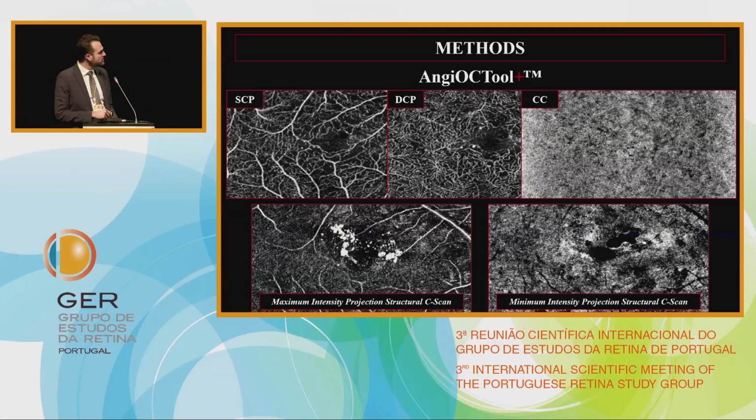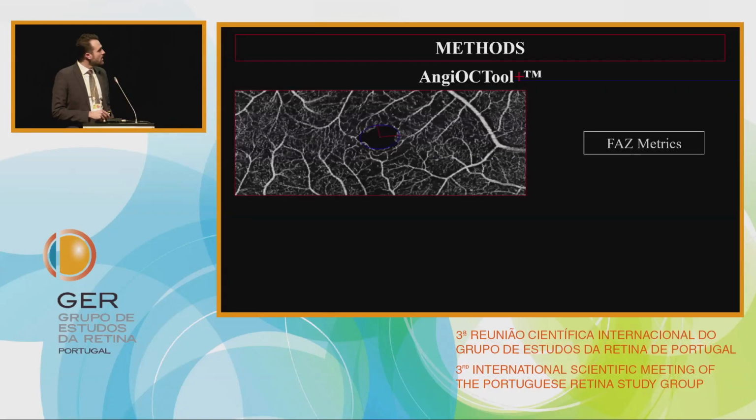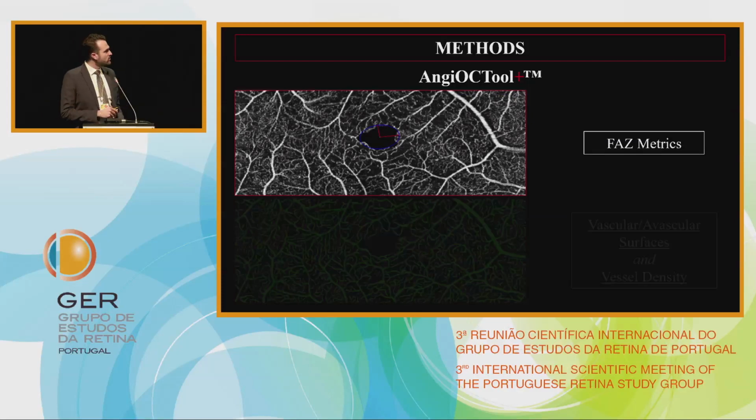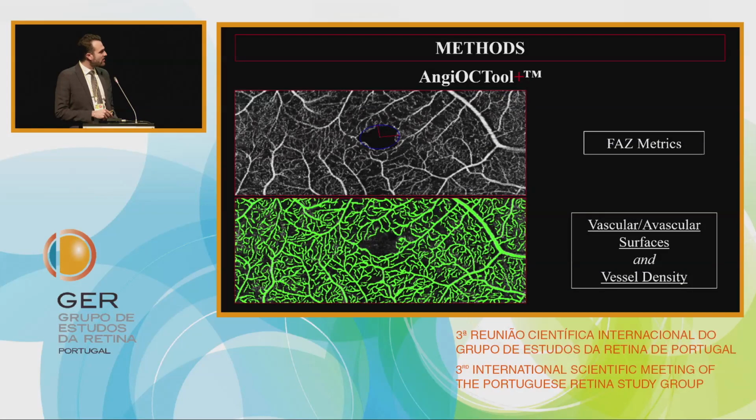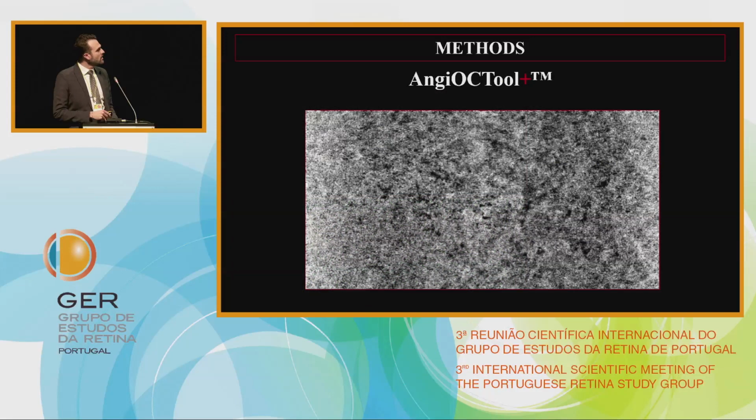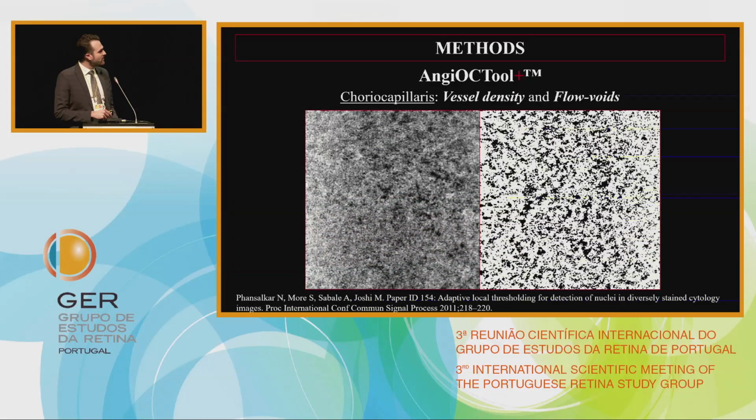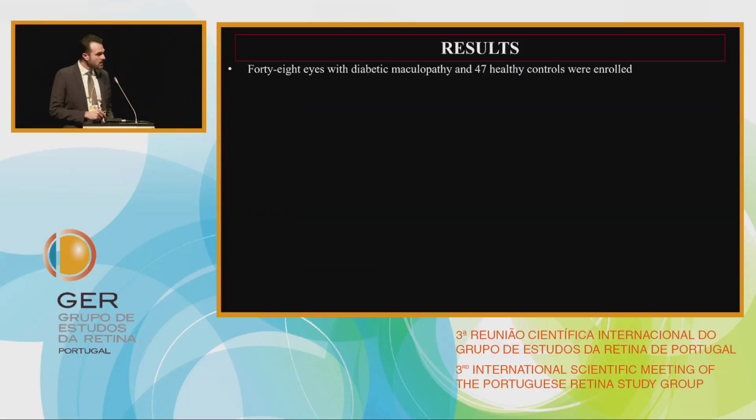These are not angiograms; these are only en face OCT to detect clusters of hyperreflective material due to hard exudates or intraretinal cystoid spaces. It also provides some findings related to FAZ metrics and vascular or avascular surfaces. This is the assessment of the vascular density and the flow voids as previously described with the Frangi algorithm.